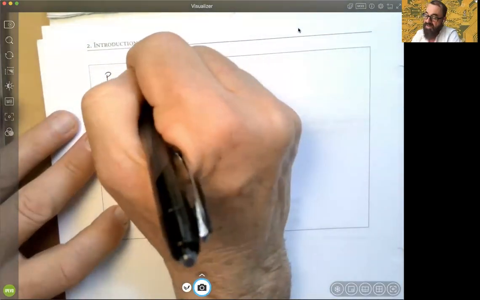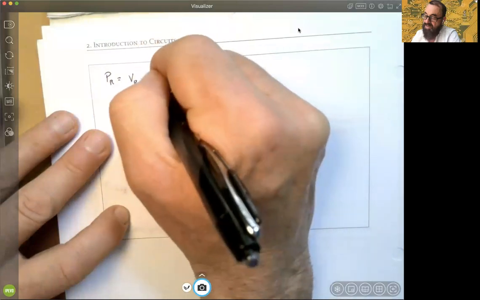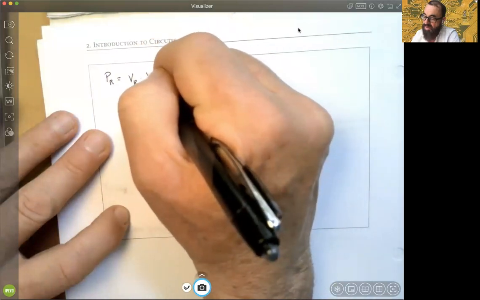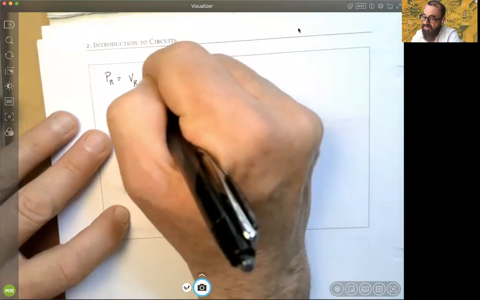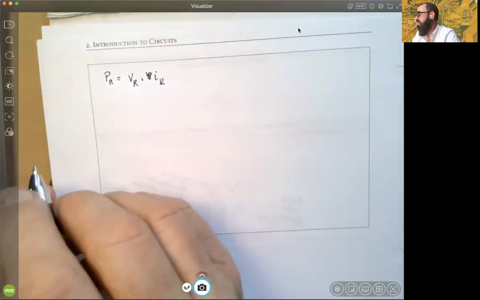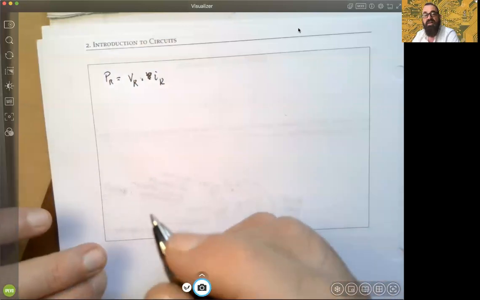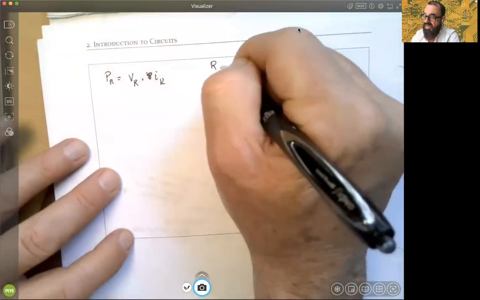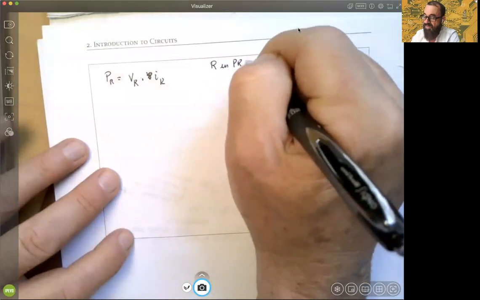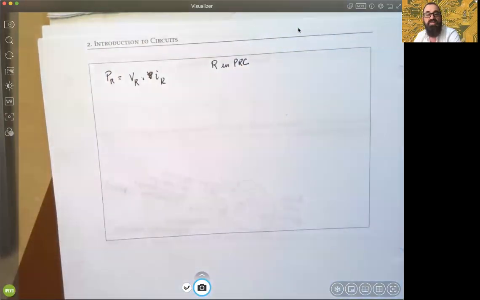If I know what the voltage is for my resistance and the current for my resistance, multiplying those two together, I can get power, okay? And another thing to realize, of course, is that the resistance was in PRC. That was important. So that is the correct formula to use.